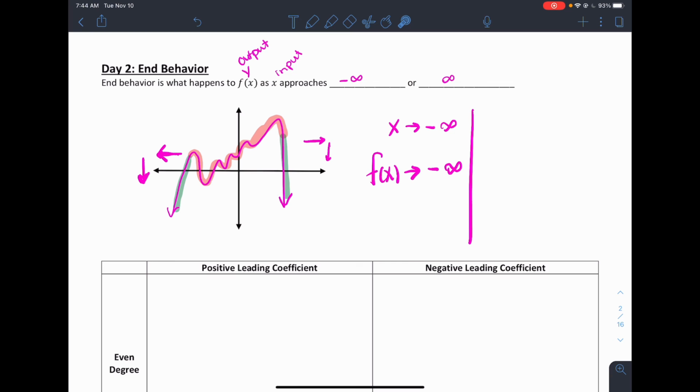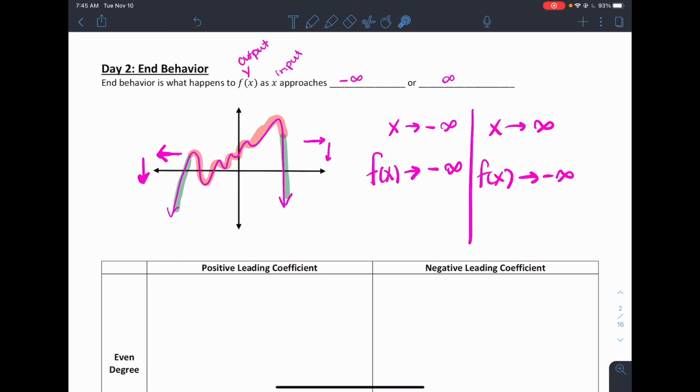And as x approaches positive infinity, f of x also approaches negative infinity. At first I go up, but then I take a downturn and go down forever. So in the long run, both sides of this function are going towards negative infinity.